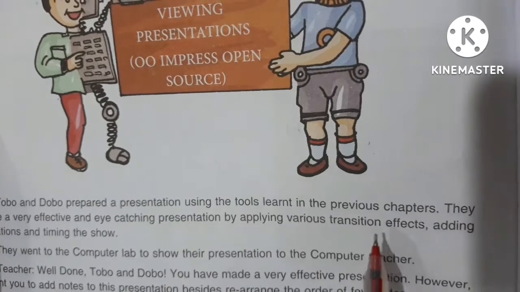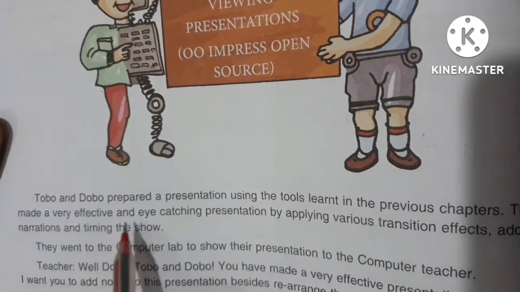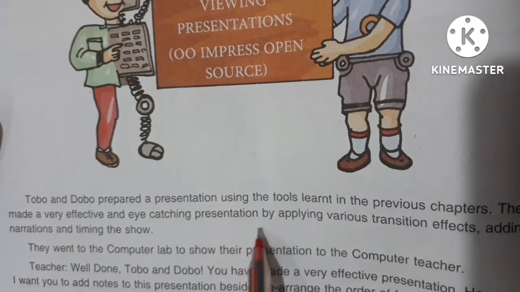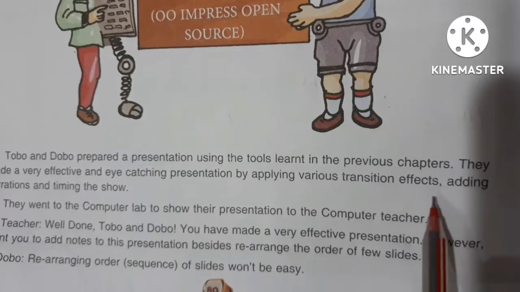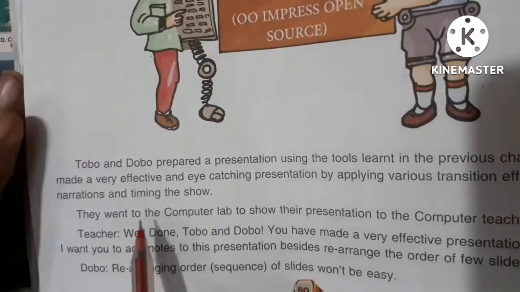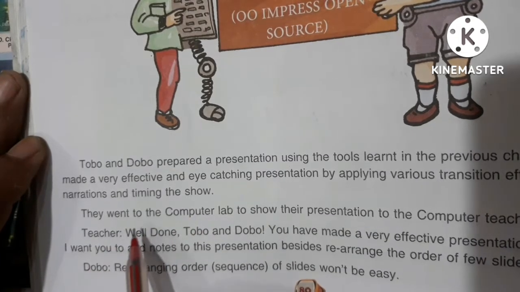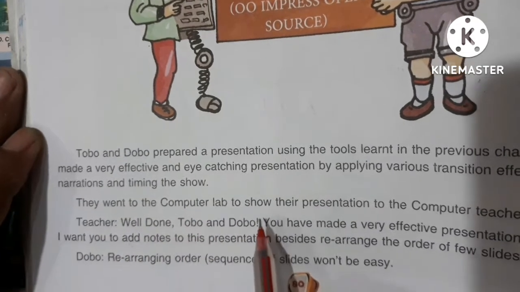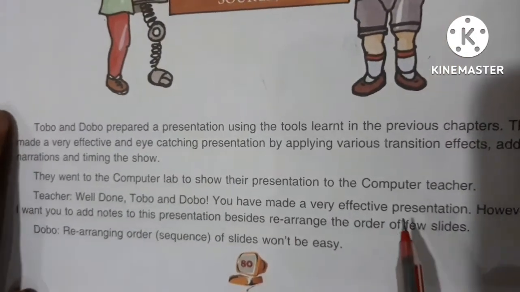They made a very effective and eye-catching presentation by applying various transition effects, adding narration and timing the show. They went to the computer lab to show their presentation to the computer teacher.